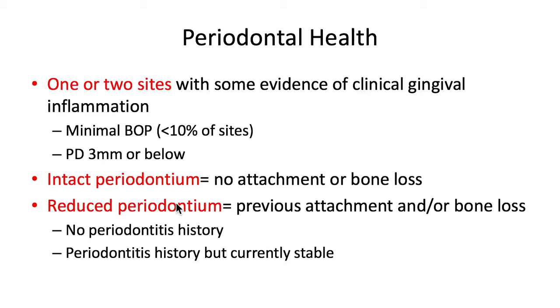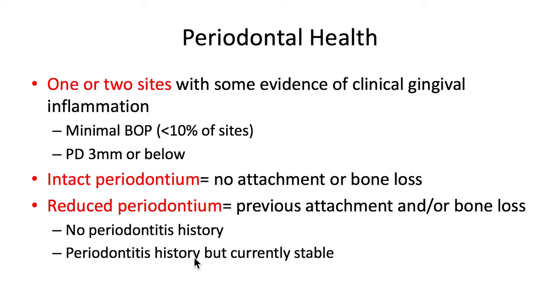But reduced periodontium could also be the result of previous periodontitis that caused the clinical attachment loss. But now the condition is currently stable because we're in a situation of periodontal health.